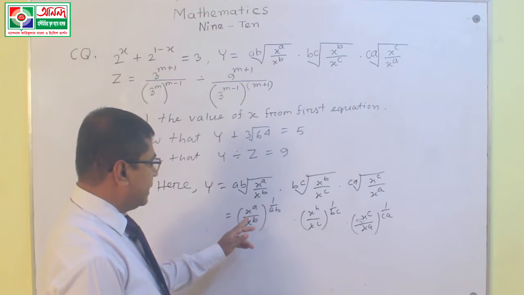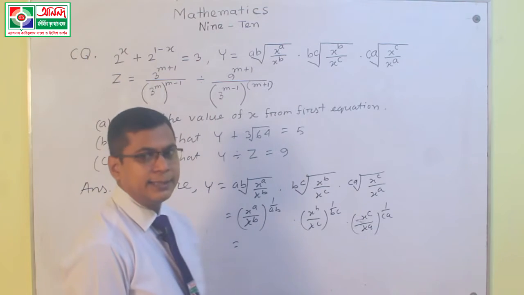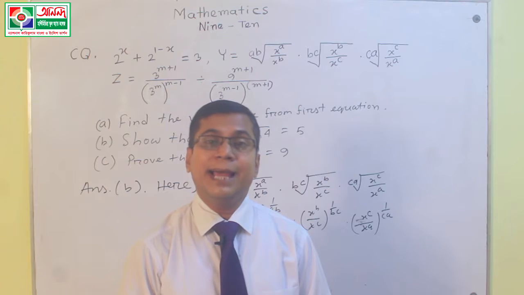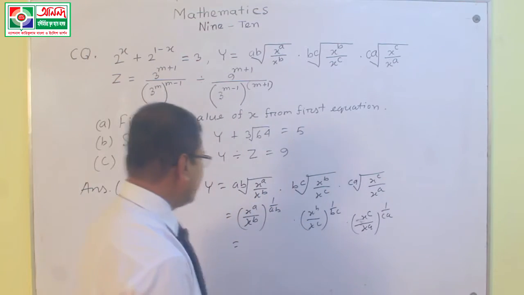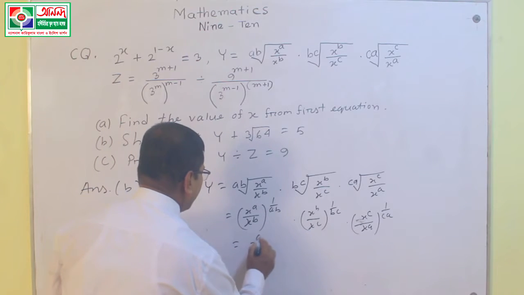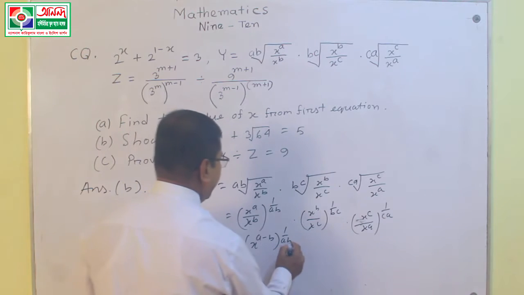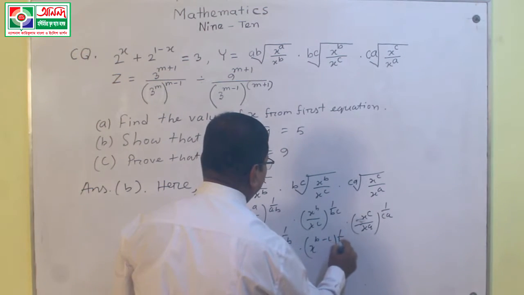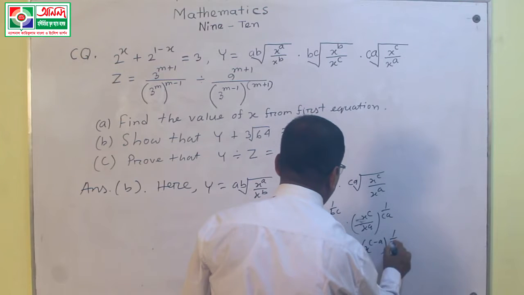Now here, look at x to the power a by x to the power b. We know the bases are the same and the terms are in the form of division. So we can write only one base and the power will be subtracted. So you can write x to the power a minus b, whole to the power 1 by ab. In the same way you can write x to the power b minus c, whole to the power 1 by bc, and x to the power c minus a, whole to the power 1 by ca.